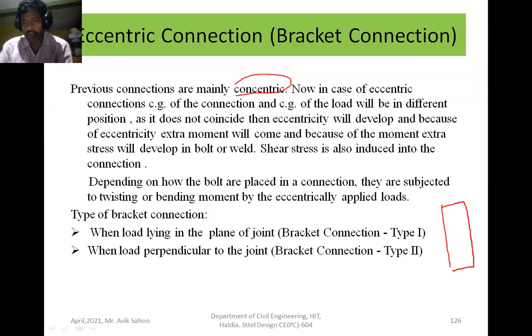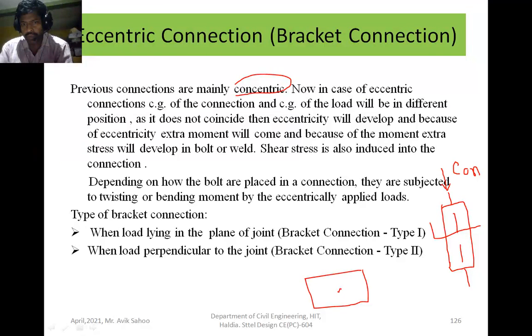I draw a member. So this is a CG line, okay, and also I draw the cross section of this member. This is the CG point. So when the load is applied along the CG line, this load is called concentric.